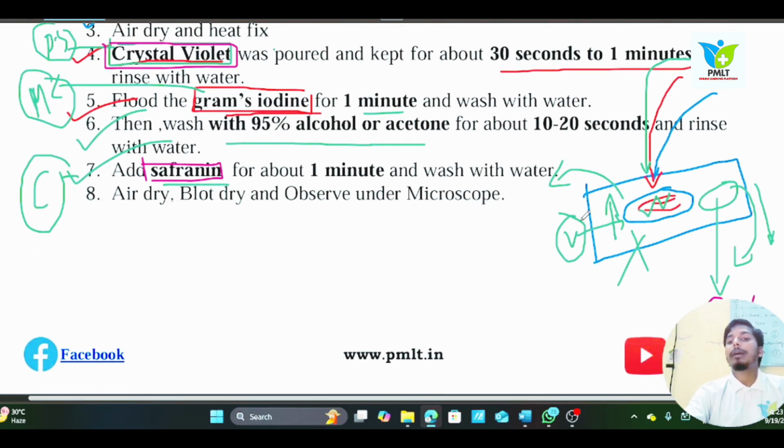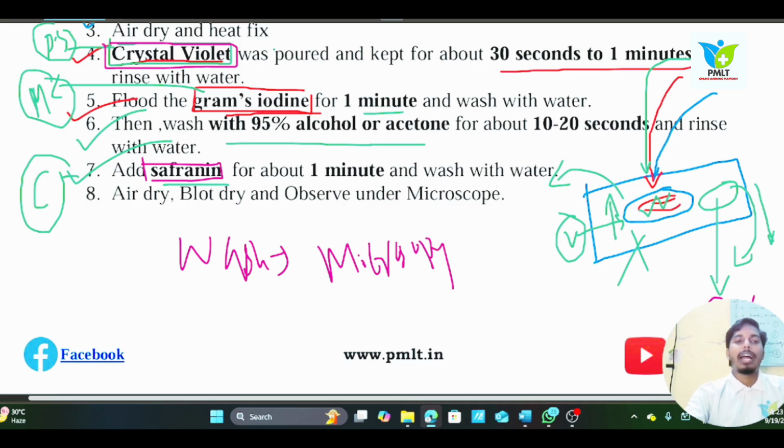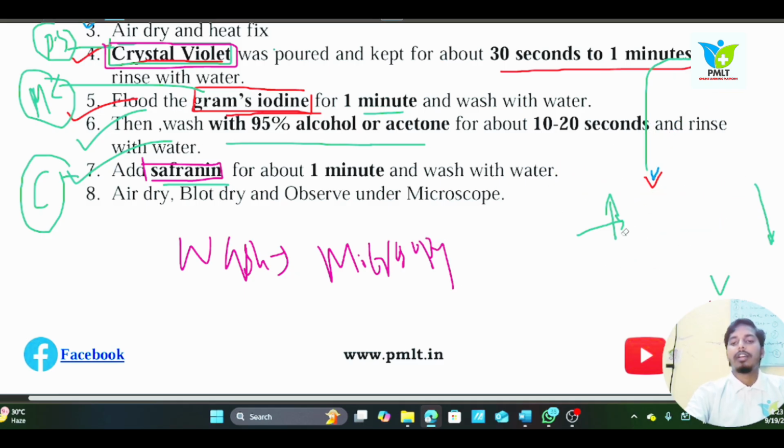Okay, after completing these steps, we have to wash the slide properly and go for microscopy. After seeing under the microscope, if it is violet in color, it defines gram positive.